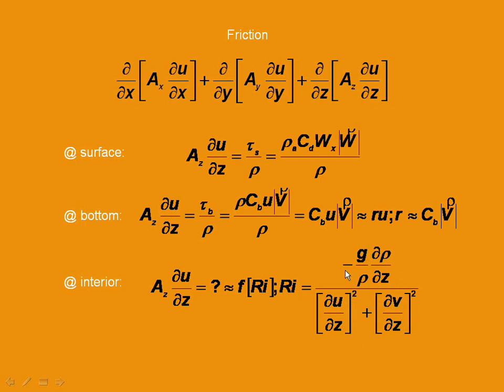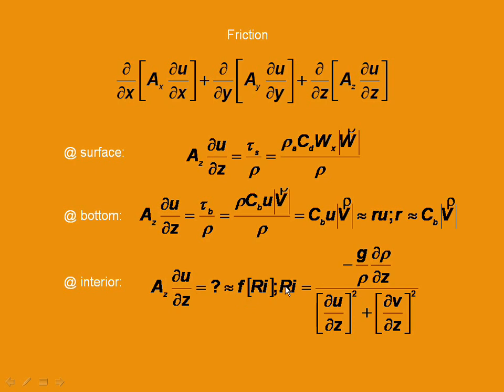So the Richardson number looks at the competition between the stratifying and de-stratifying tendencies, right? So we tend to parameterize these, in particular the eddy viscosity, the A sub z, as a function of the Richardson number.